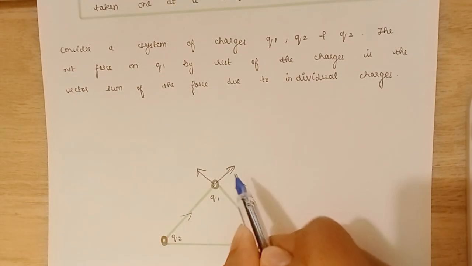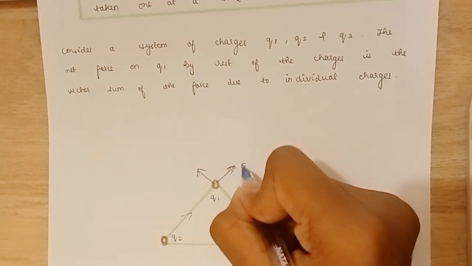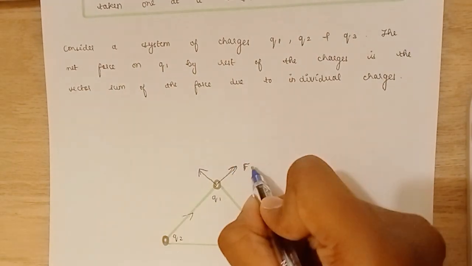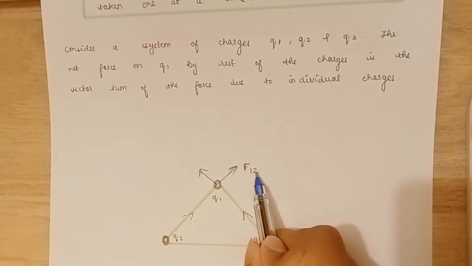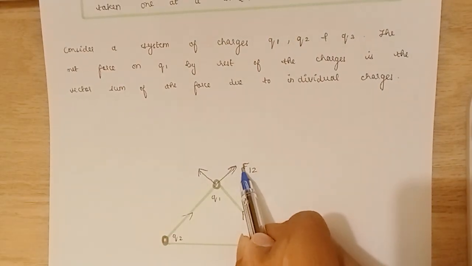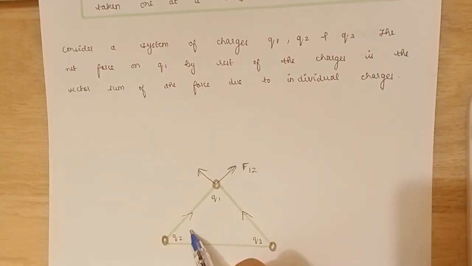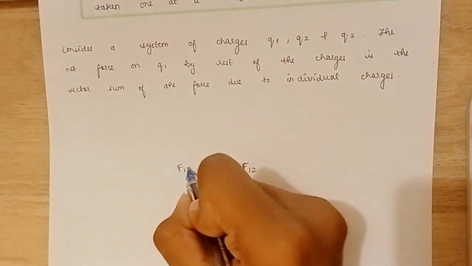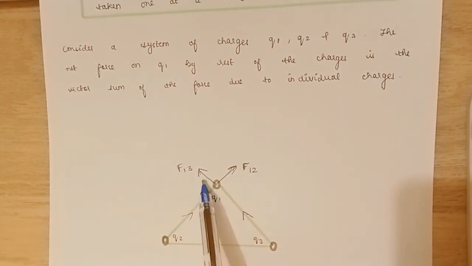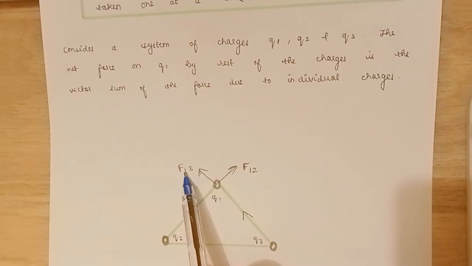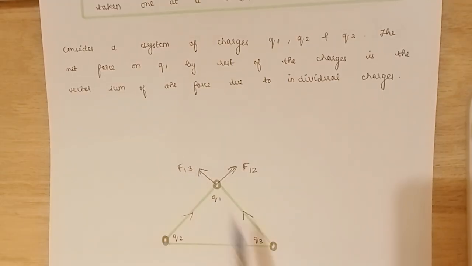So we can call this force F12. Why 12? Because the force is experienced on charge 1 by charge 2. And this force is F13 because this is experienced on charge 1 by the charge 3.